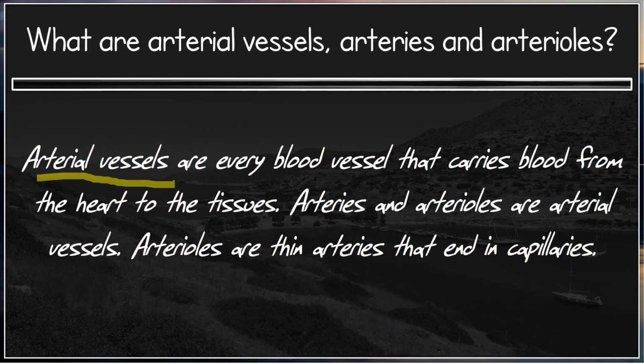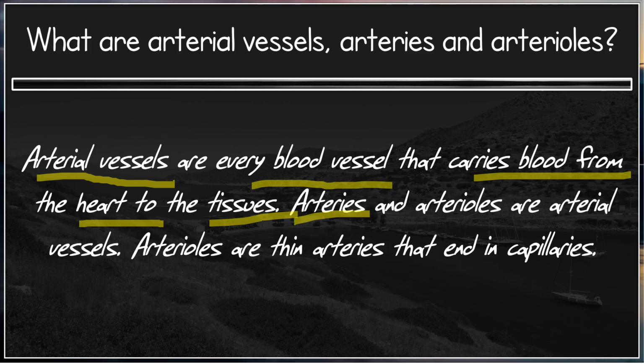Arterial vessels are blood vessels that carry blood from the heart to the tissues. Arteries and arterioles are arterial vessels. Arterioles are thinner arteries that end in capillaries.